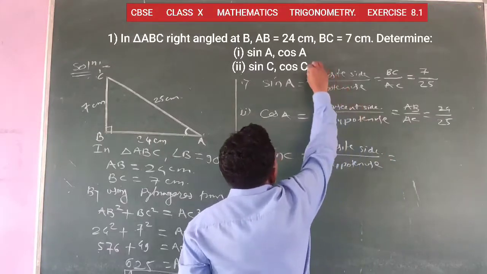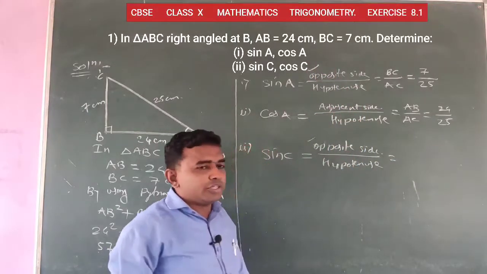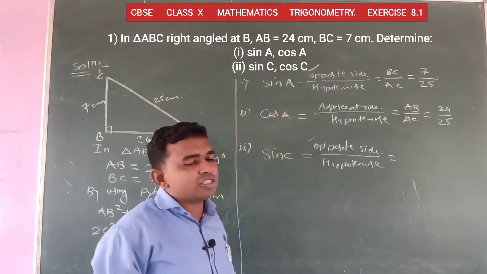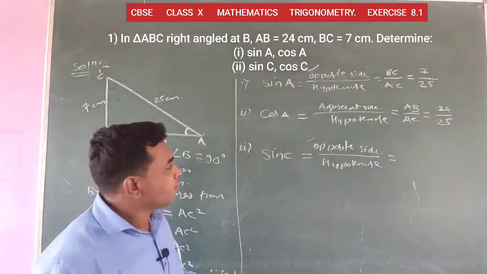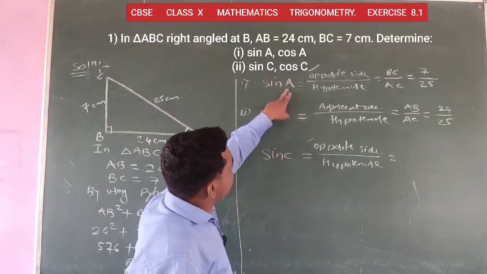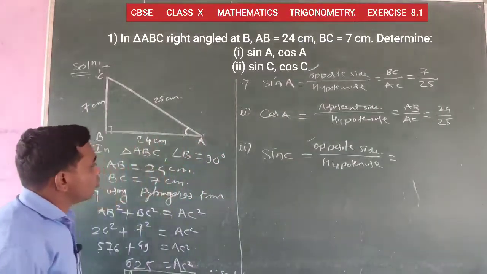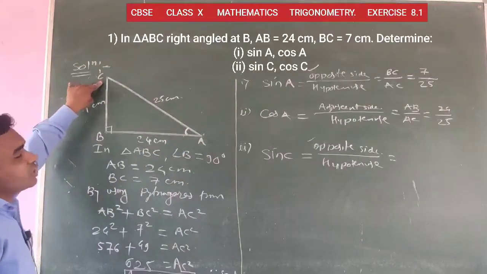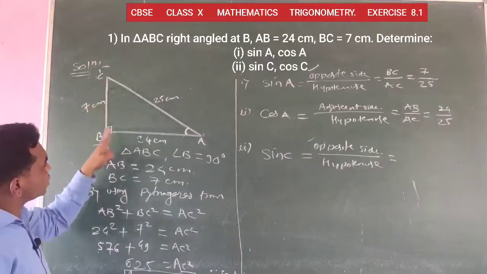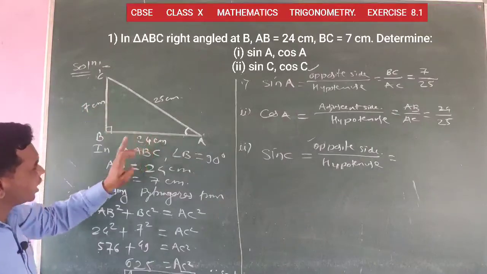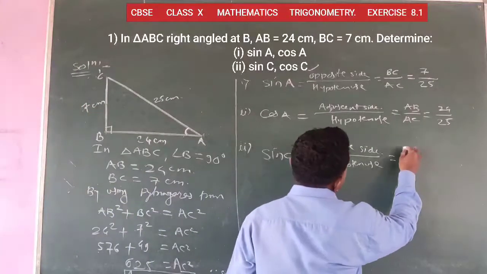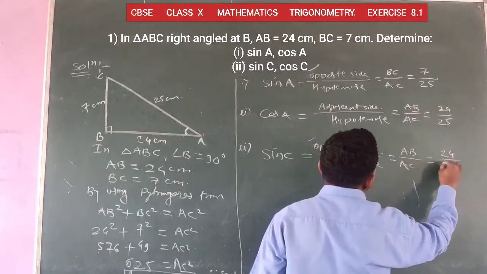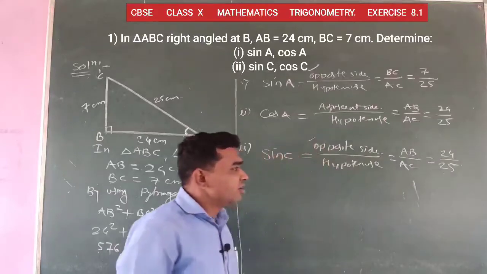The formulas are the same, but here the angular vertex is different. Now we consider the angle C. Which one is the opposite side? AB. This is angle C and the opposite side is AB, and the hypotenuse is the same, so AB upon AC, where AB is 24 and AC is 25.